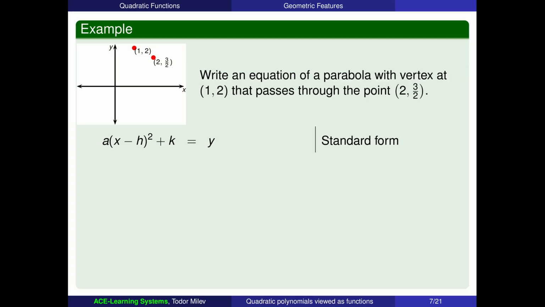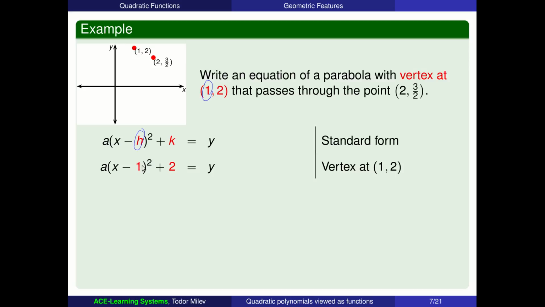Now, let's see what's given to us. We are given that the vertex of the parabola has x-coordinate equal to 1 and y-coordinate equal to 2. But if you remember, the number h in the standard form of a quadratic was exactly equal to the x-coordinate of the vertex of the parabola. So the number h must be equal to 1 and the number k must be equal to 2, right?